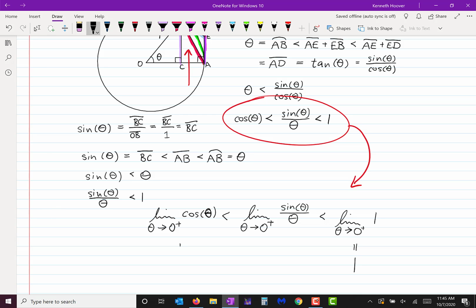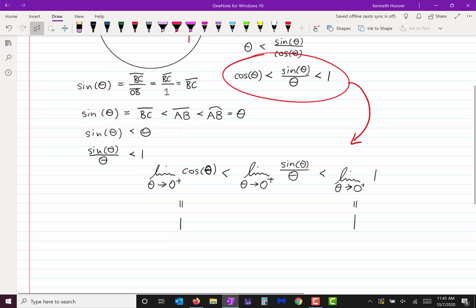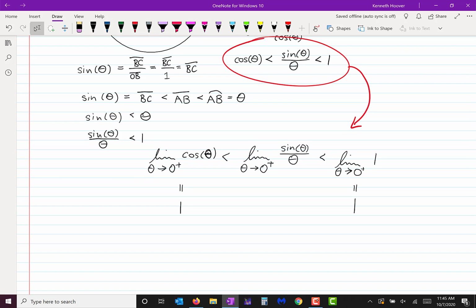Okay, now how about this limit over here? This all boils down to how well you know your trig. Okay, cosine of theta. As theta approaches 0 from the right hand side, what will cosine of theta approach? The answer is 1. Okay? So that tells us that the limit of sine of theta over theta as theta approaches 0 from the right.